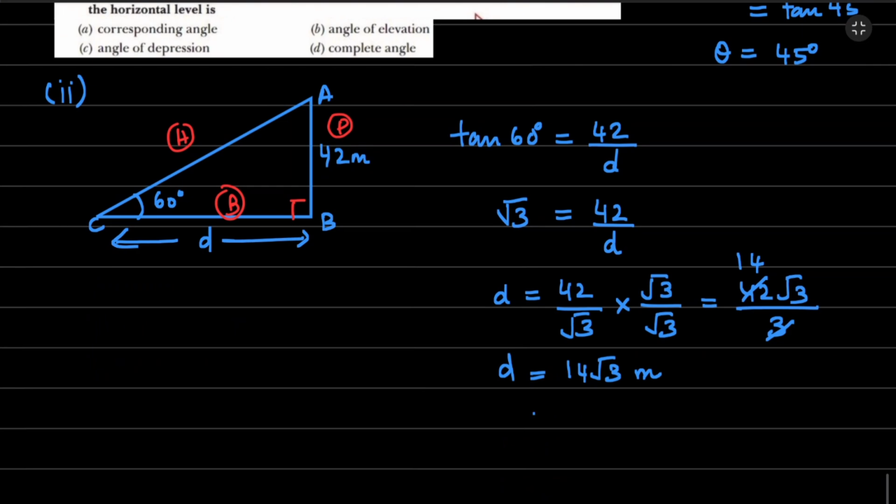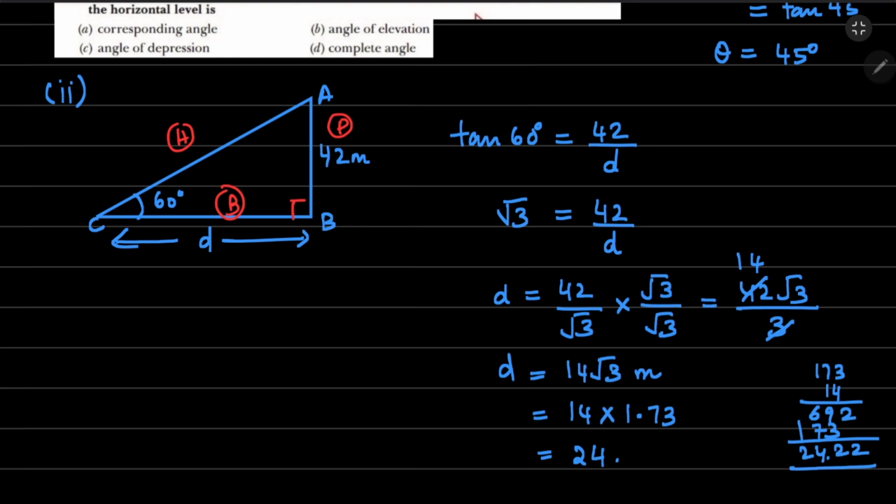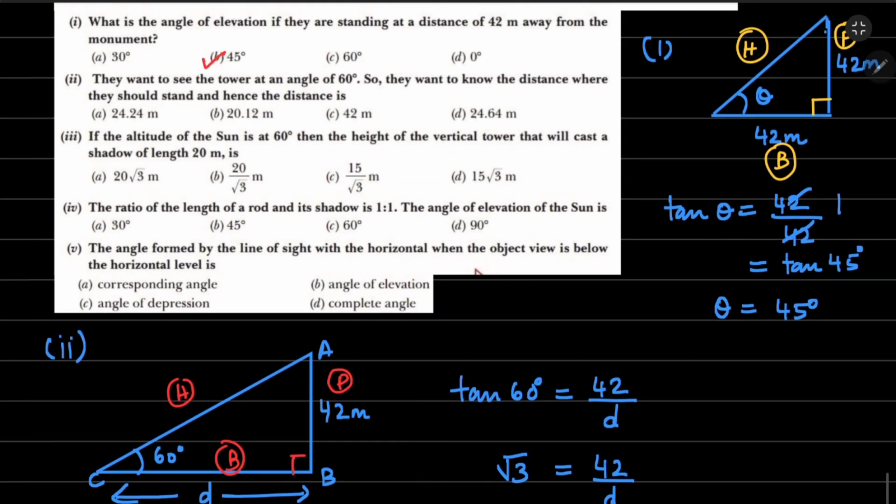Let's multiply it. Because it's given in decimals, so 14 into 1.732. Let's multiply. So 1.73 multiplied by 14. So what do you get? 24.22. 24.22 meter is the answer for the second question.